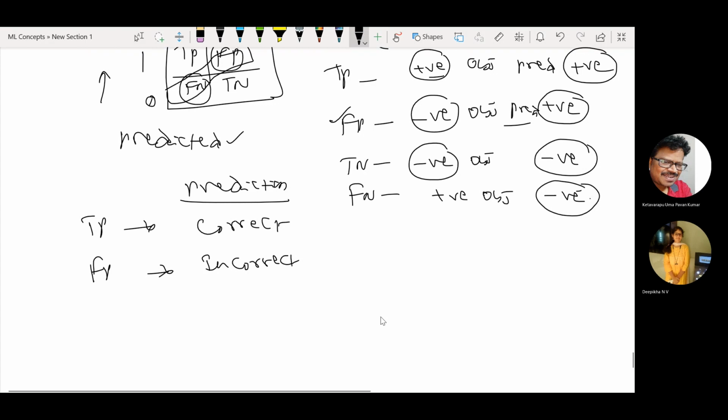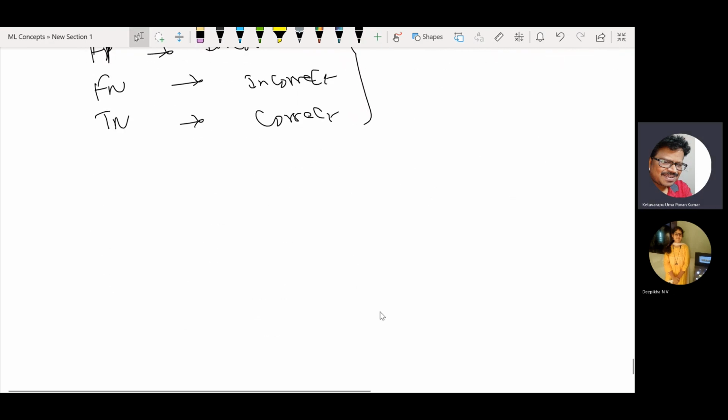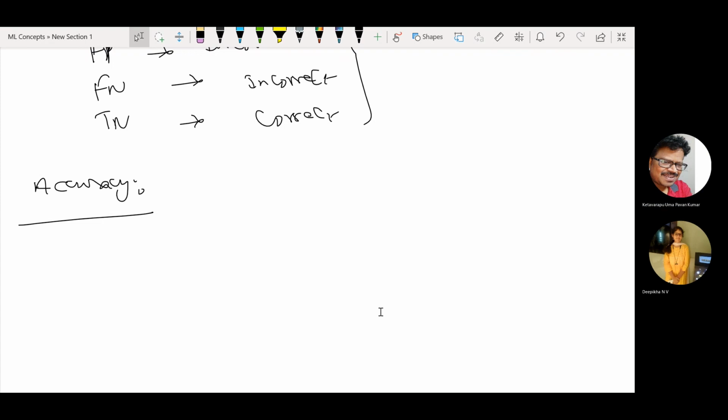False negative is also incorrect, because our observations are positive but our prediction is negative. Then true negative, which is again correct. So whenever you talk about true positive, false negative, true negative, all these things should come to your mind. Now let me introduce one more thing, guys, and then we'll wind up. The accuracy and the precision, these two things I'll compute.